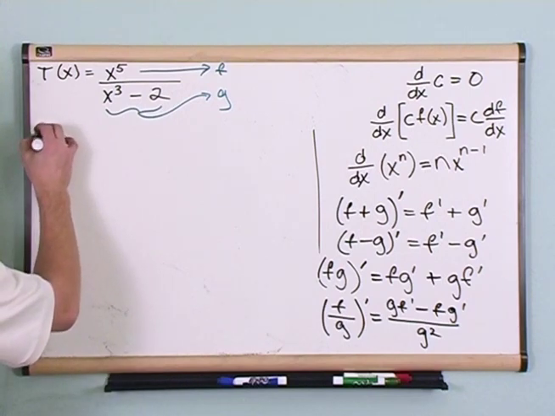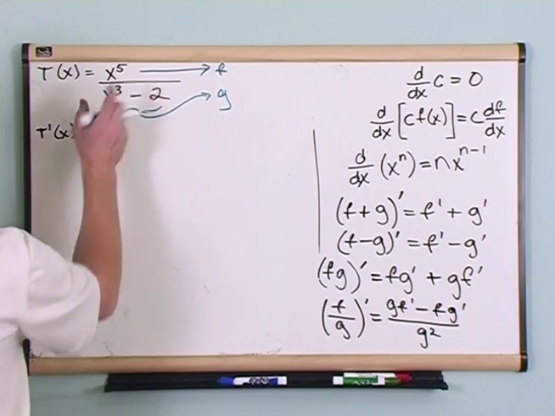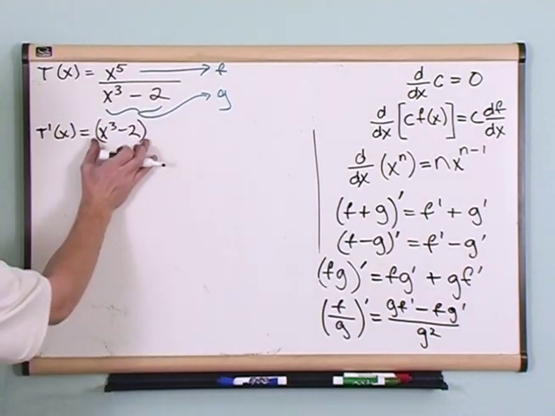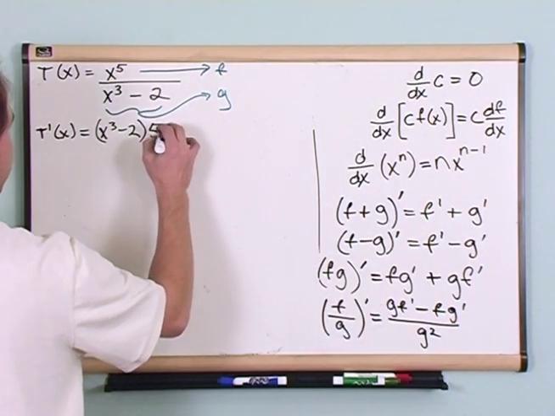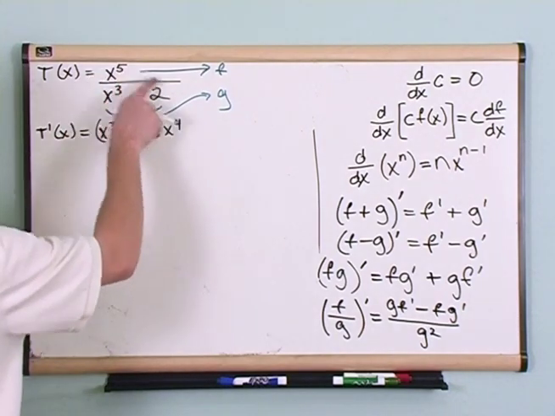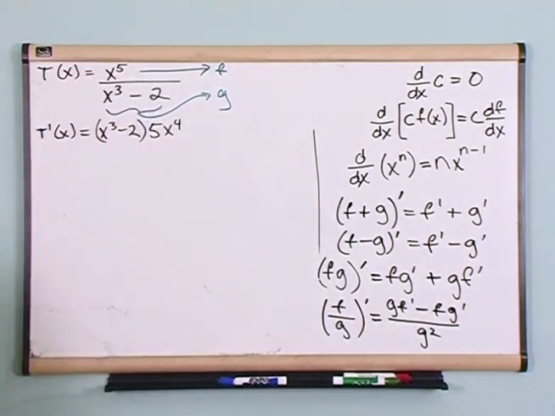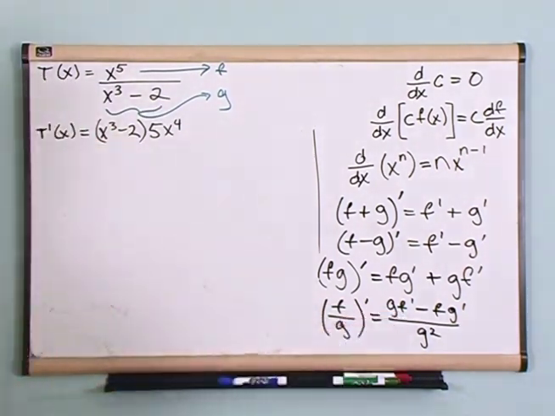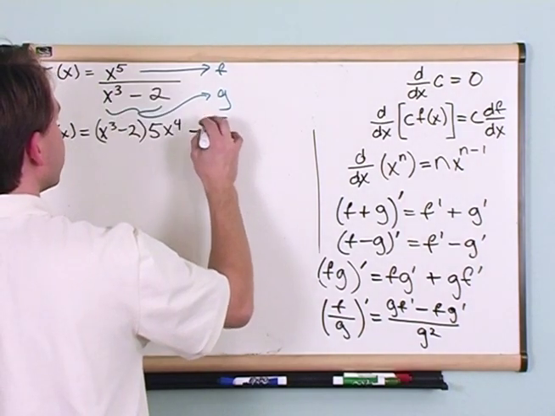So t prime of x equals the bottom, which is x to the 3rd minus 2, okay, that's the bottom, times the derivative of the top, which is 5x to the 4th. 5 comes down, x to the 5 minus 1 power gives me a 4. I use this formula right there to take the derivative of the top. So bottom times derivative of the top, that's what I've done, minus the top, which is x to the 5th.